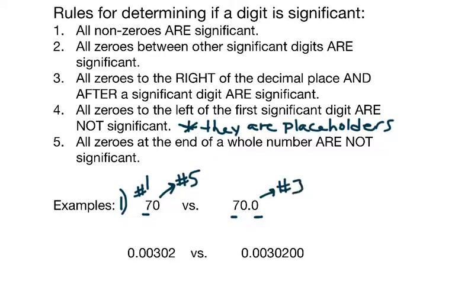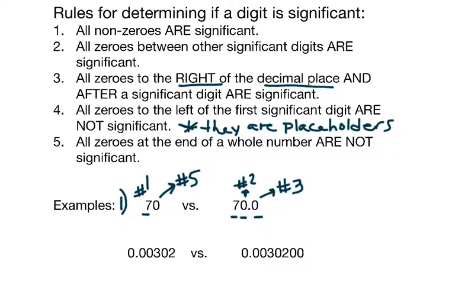Rule number 3 says it's to the right of the decimal place, which this 0 is, and it's after a significant digit, which we know the 7 is. And honestly, the 0 in the middle is also significant because of rule number 2. If the 7 is significant and the 0 at the end is significant, then the 0 in the middle is between two significant digits, which makes it significant as well. So that number, 70.0, would have 3 sig digs, compared to the 1 sig dig in just 70.